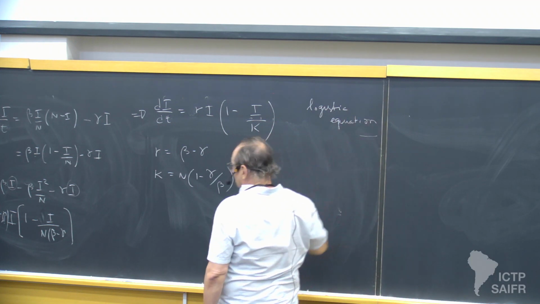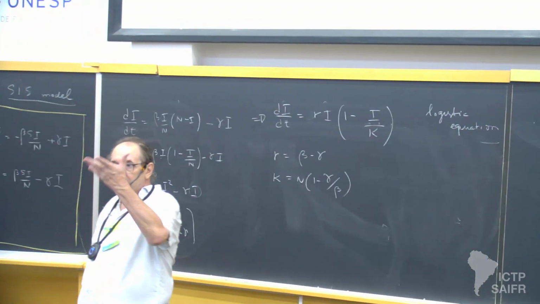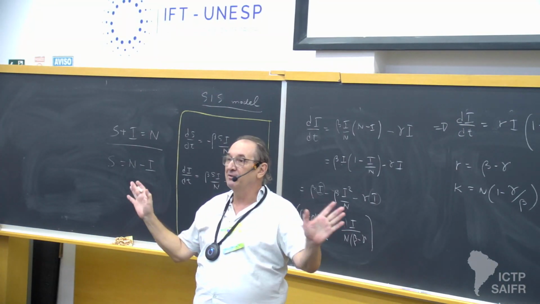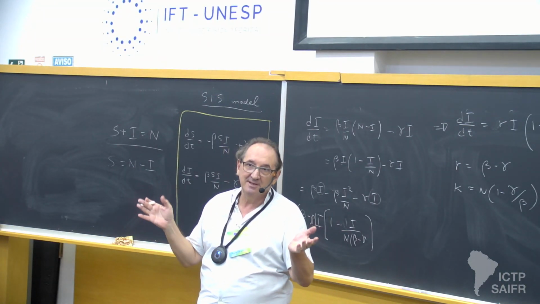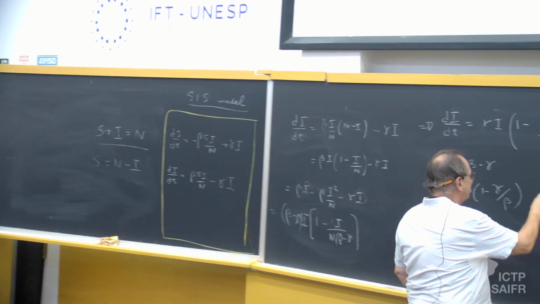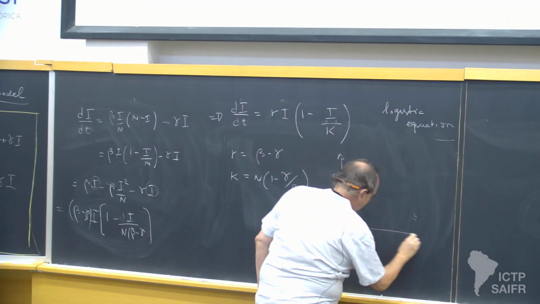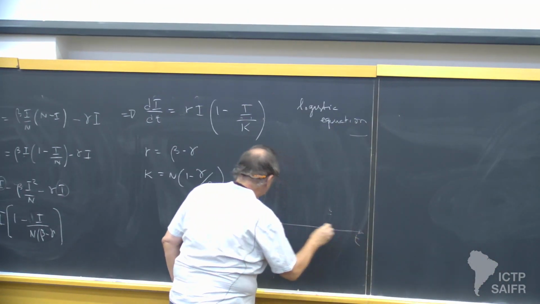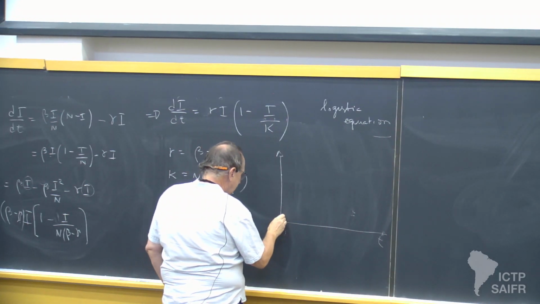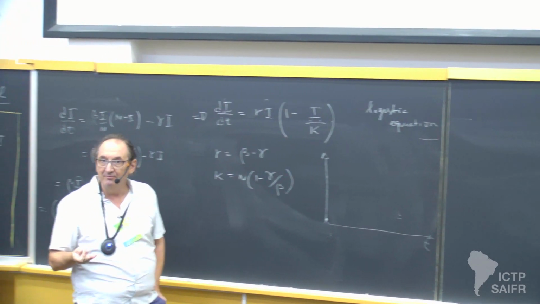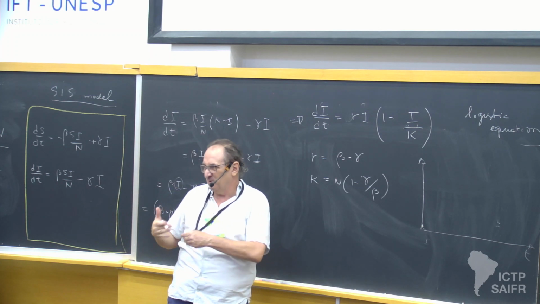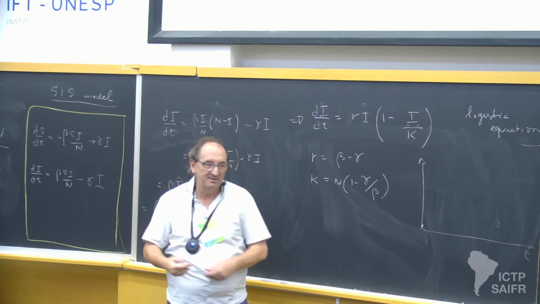But we are not so much interested in seeing the solution. We want just the plot of the solution. It's much easier. So this gives you the following plot over time. You start at a certain number of initial infectives, which usually we will consider to be very close to 0.